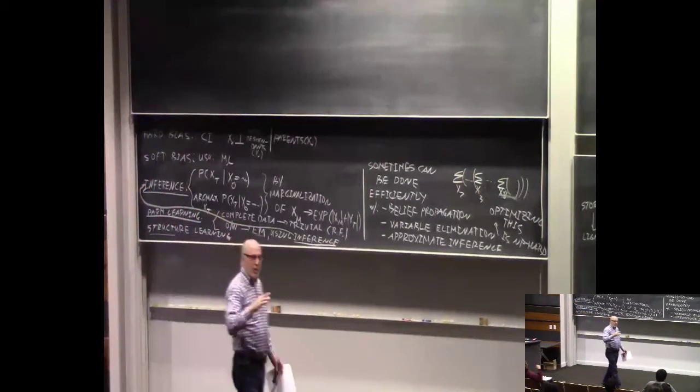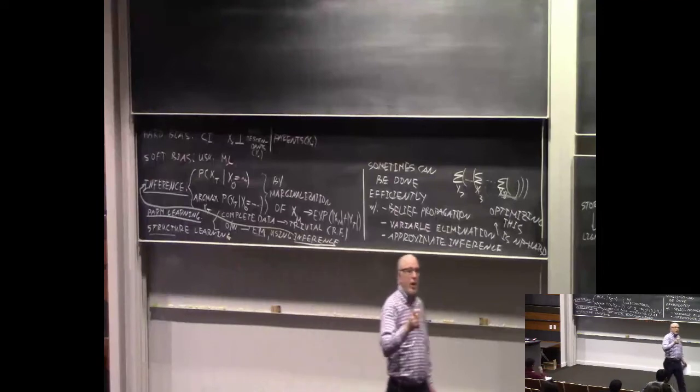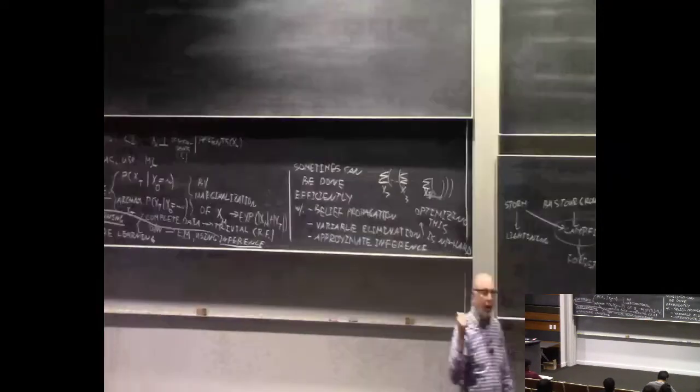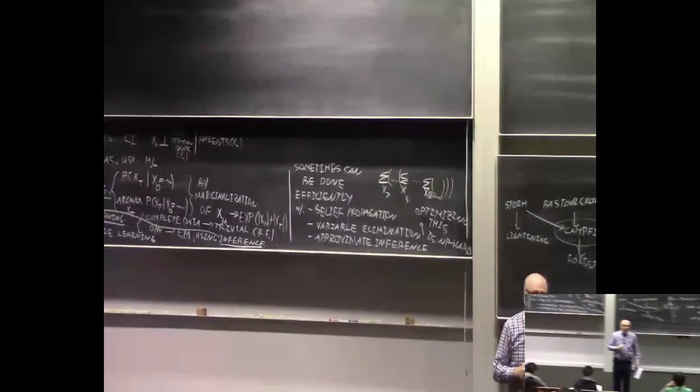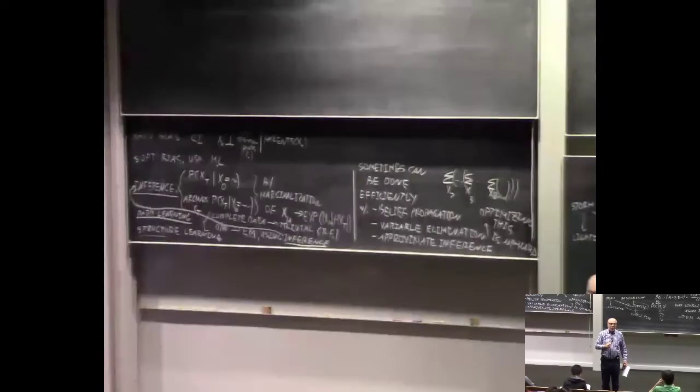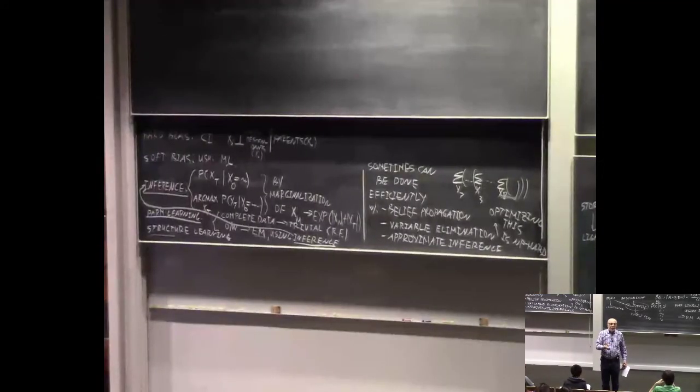So EM is an iterative procedure, but what you do in each step depends on the situation. In the case of directed graphical networks, when you run EM, in every step you need to solve the inference problem. And we already saw that the inference problem in general does not have a known efficient solution.